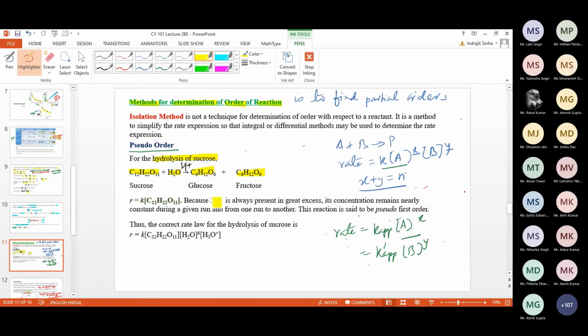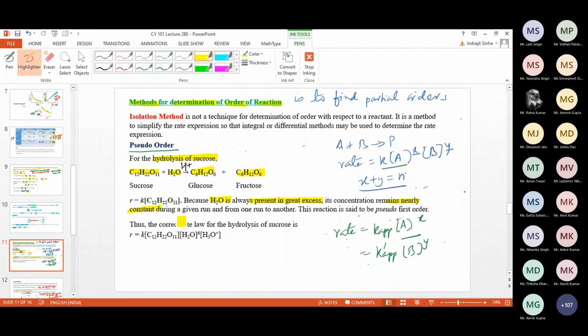But because H2O is always present in great excess relative to the concentration of sucrose, whatever the change in concentration of sucrose, the change in concentration of H2O is negligible, because it is the solvent itself.